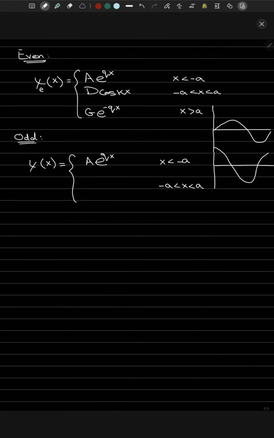Let me just write psi even and psi odd. So you would have C sine kx. And again, for outside on the right-hand side of the well, you would have G e to the power minus qx.